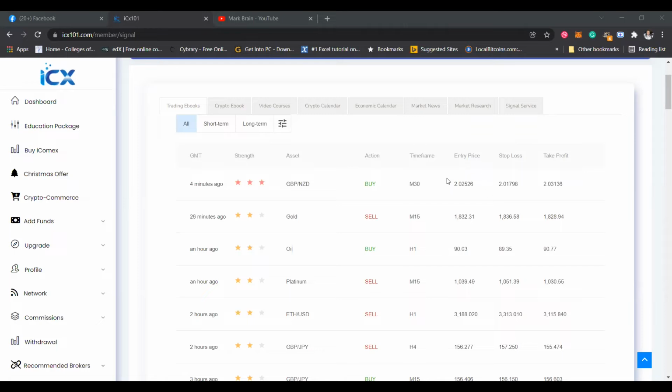So these are your entry points. You just open your MetaTrader if you have an account set already, then look at the chart, look at where the price is, and see if price is between 2.0256. Once price is in that range, you enter, you modify and put your stop loss and your take profit.